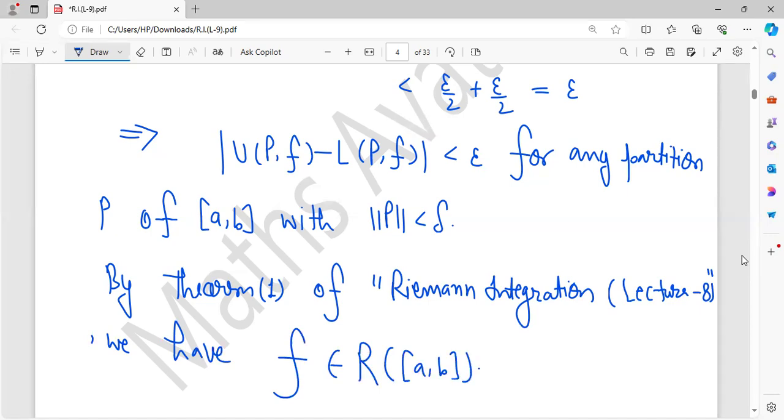Again we are applying theorem 1 of the last lecture. So this theorem is true.